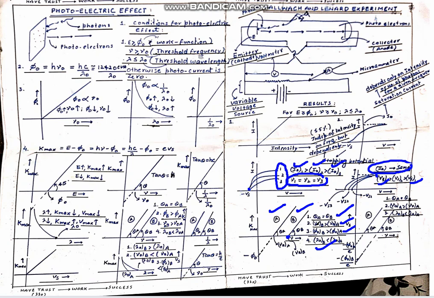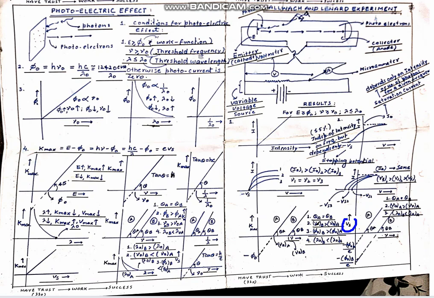Now let's discuss another graph, which is the graph between stopping potential and frequency. So Kmax is related to the stopping potential by the relation Kmax is equal to eVs. So the graph will be the same because they are proportional.